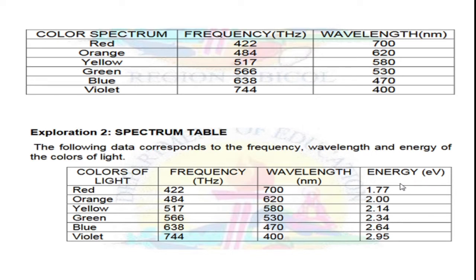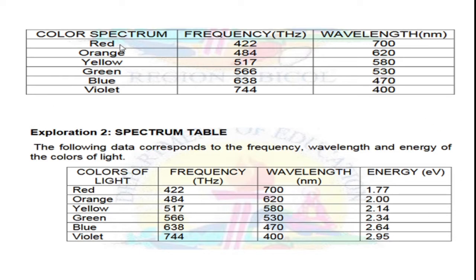That is the electron volt or energy of each color. Red has 1.77 electron volt. Orange, 2.00. Yellow, 2.14. Green, 2.34. Blue, 2.64. Violet, 2.95.